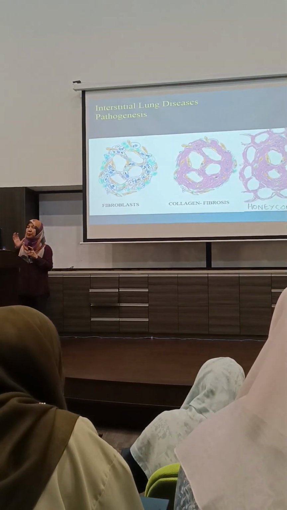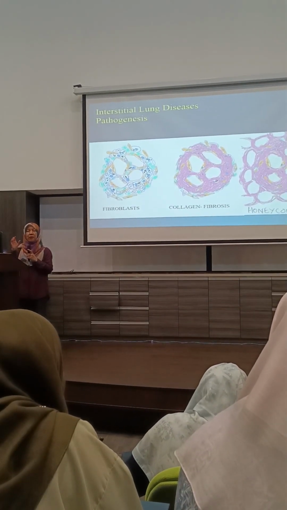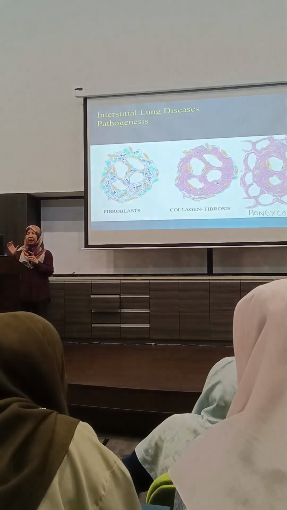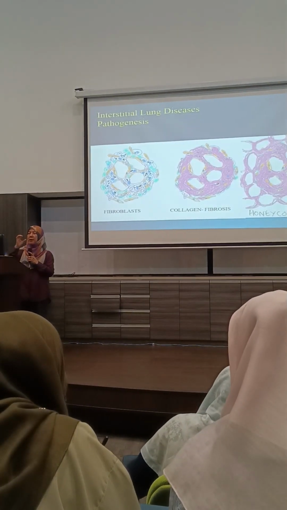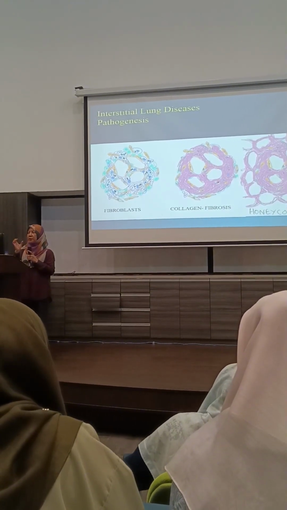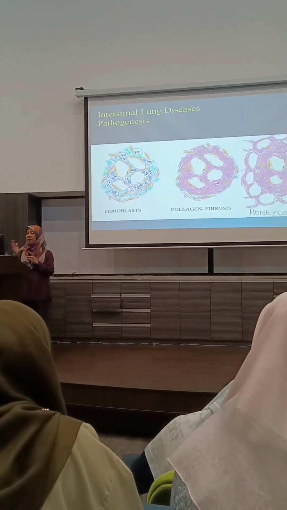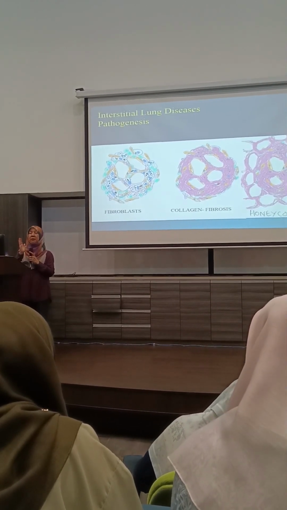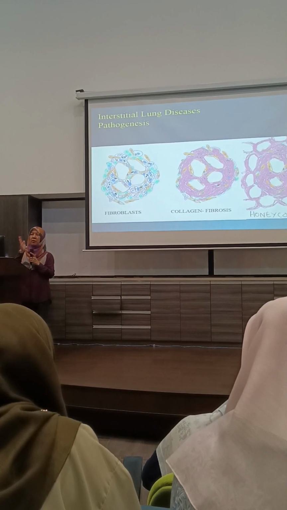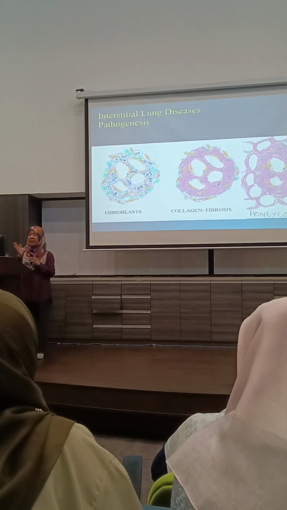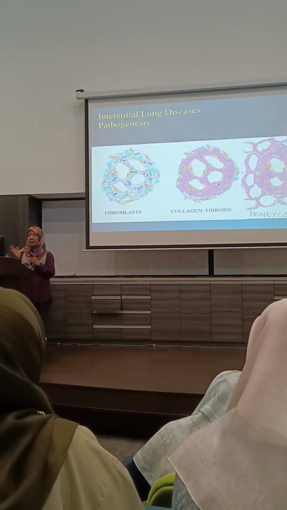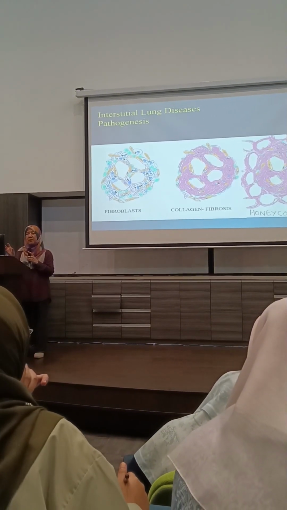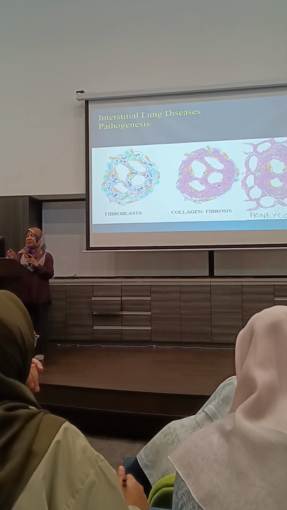Once there is fibrosis, the lung cannot expand properly. Alveolar spaces will be blocked, so exchange of carbon dioxide and oxygen from the capillaries will be blocked. This is where your lung is not functioning properly.